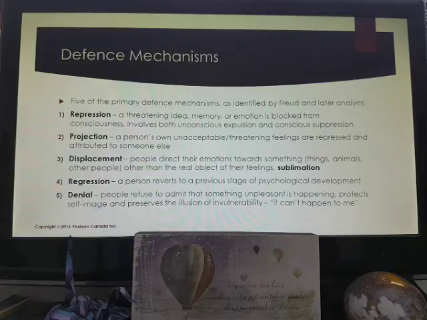So it's basically regressing to the way you felt or behaved during a previous stage of your psychological development. And adults too may regress when under pressure. If they're in a high pressure situation, they may at times throw tantrums and things like that.